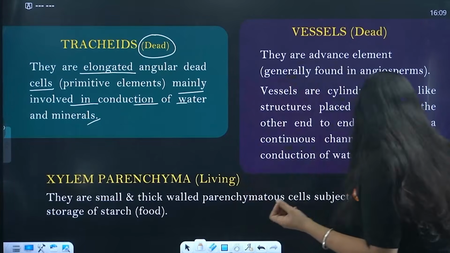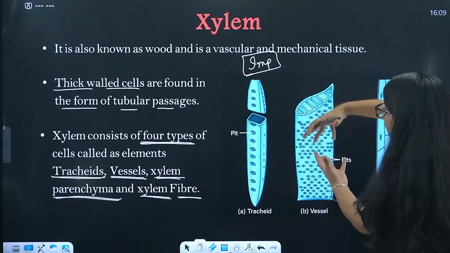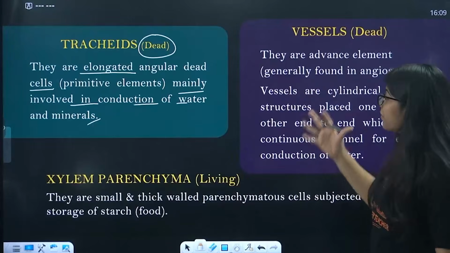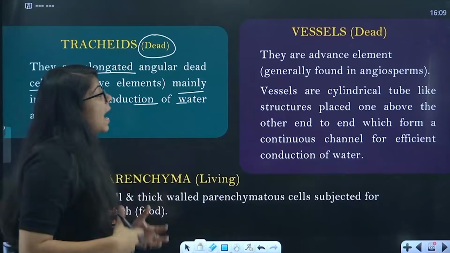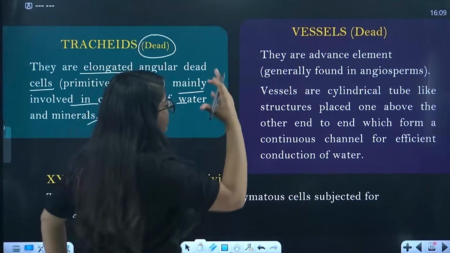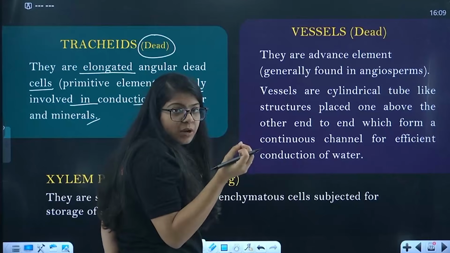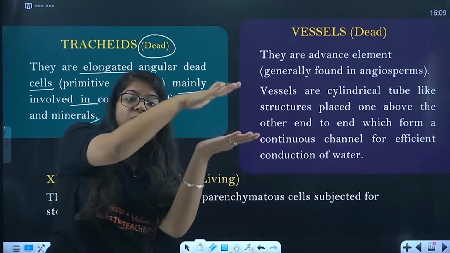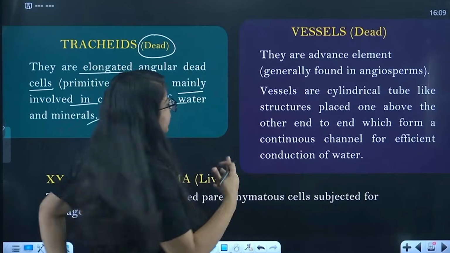Now, coming back to vessel. It looks like a vessel. It is basically a stack of cylindrical tubes. Cells are stacked one over the other and hence a tube is formed. Read it carefully.